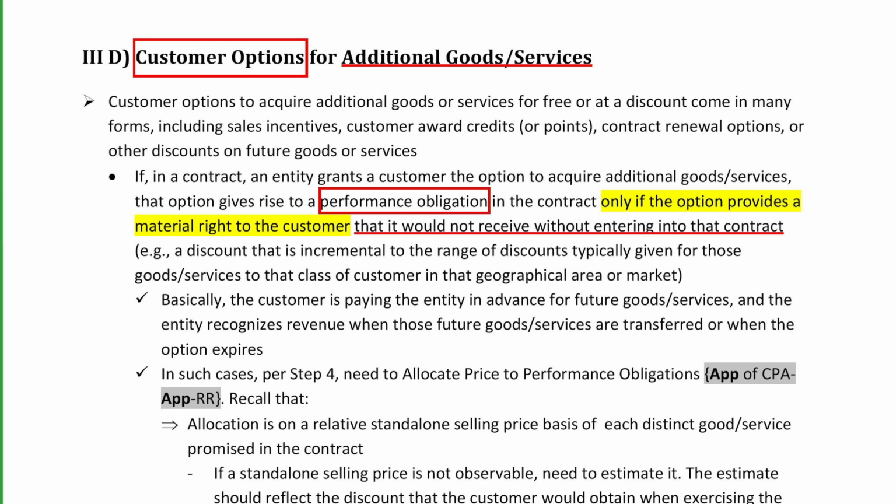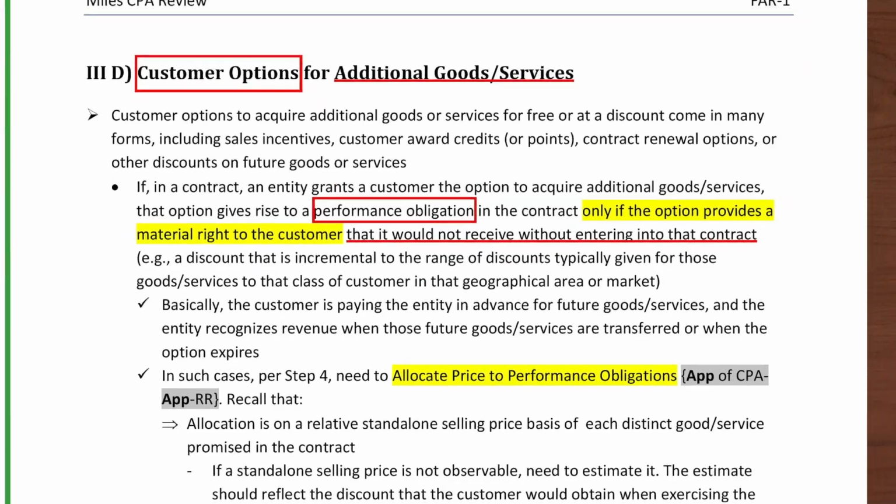And of course, if this customer option is a separate performance obligation, as per step 4, allocate price to performance obligations. So that was the app of a CPA app for revenue recognition.